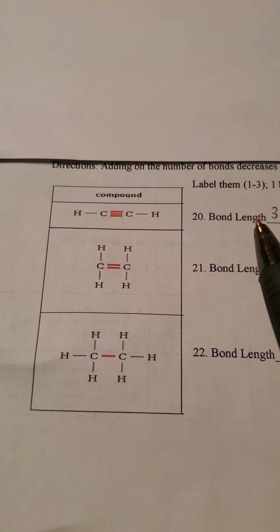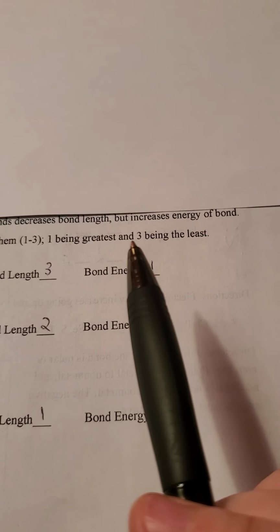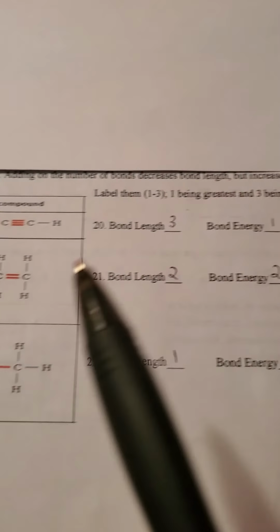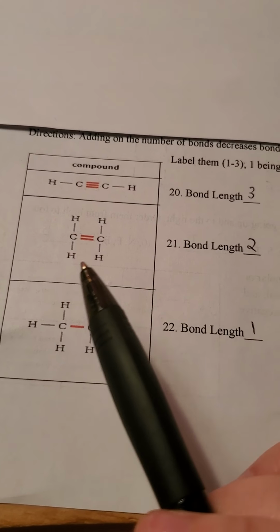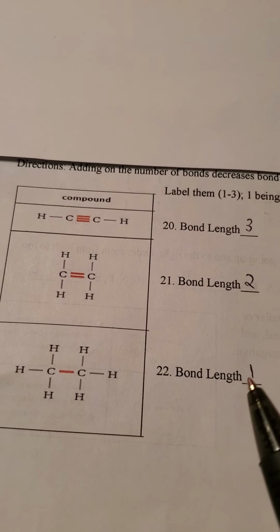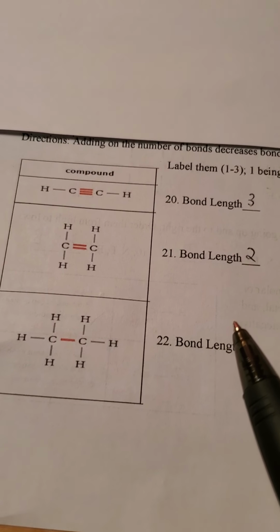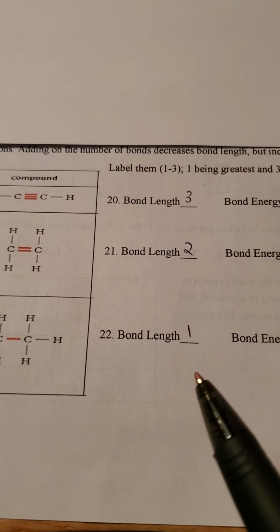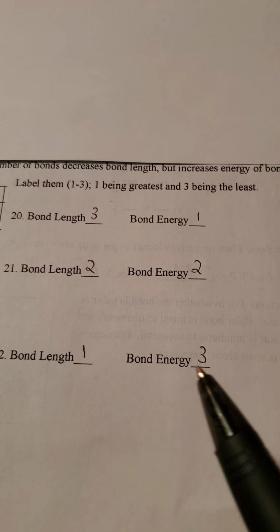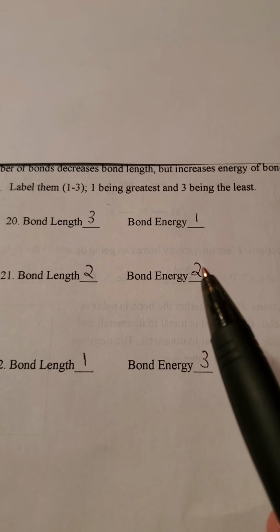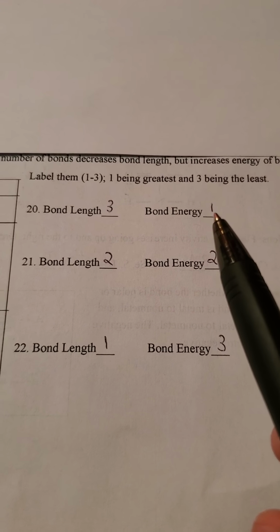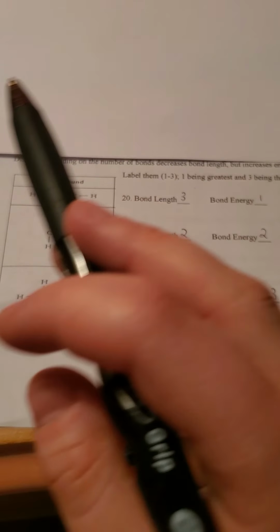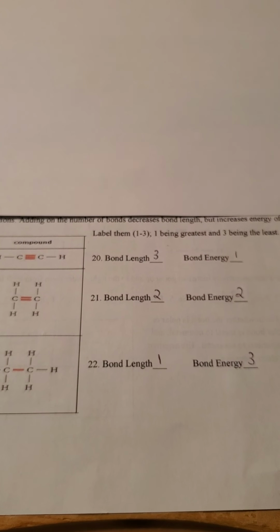That means the bond length is going to be the shortest, because labeling 3 being the least, 1 being the greatest. So that's shortest, this one's going to be second shortest and that one's going to be the longest. But then you have to consider its opposites. So that would be 3 the lowest energy, 2 medium energy, 1 highest energy. And that's how you do all of that.